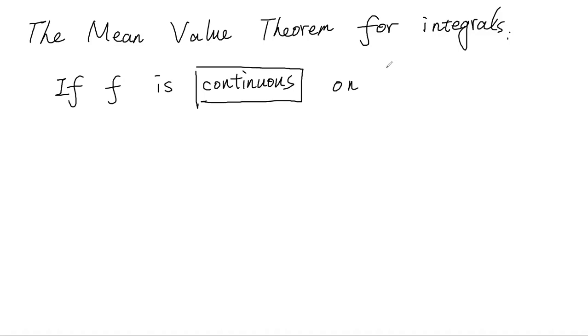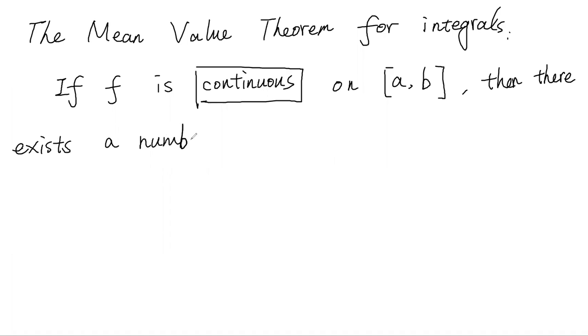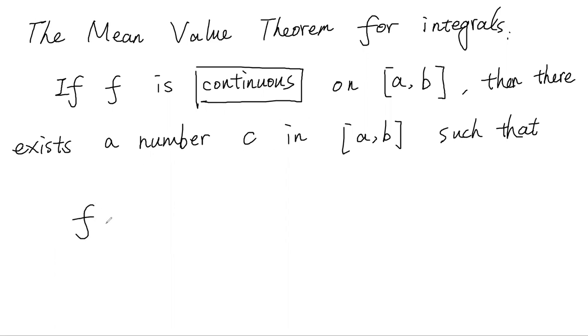So if this function is continuous on the closed interval from a to b, then there exists a number c in this interval [a, b], such that the value of the function at point c is equal to the average of the function.